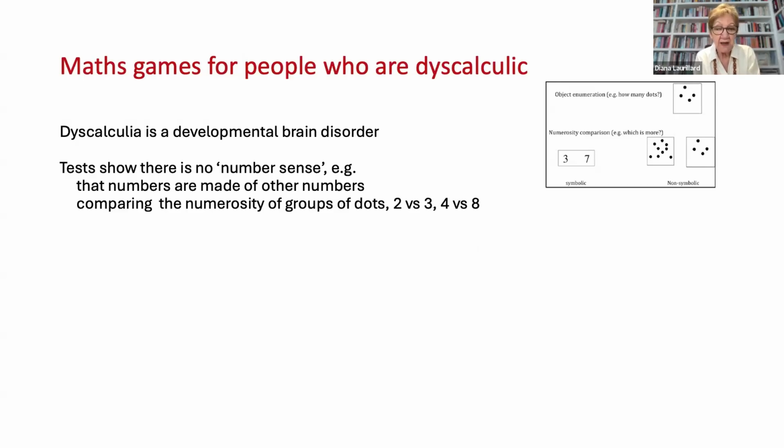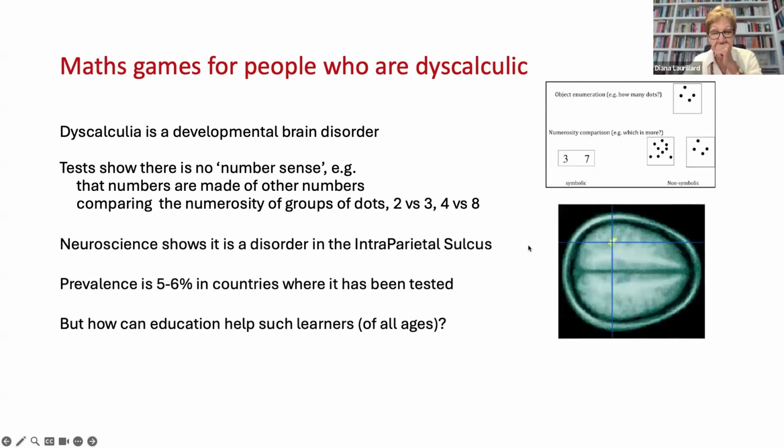And if you ask them to compare the numerosity, how many, which of these two displays of dots is the larger, for example, the only way they can tell you that is by counting each one and seeing which has the larger number. Now, this has been shown through neuroscience to be a disorder in this part of the brain, the intraparietal sulcus. And all that happens is that it interferes with the way in which you process these kinds of objects in the world.